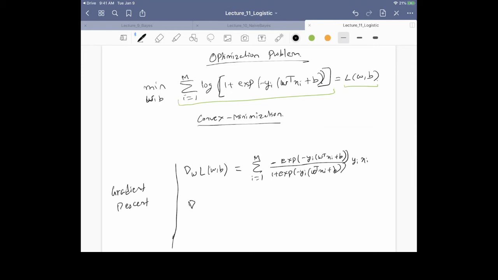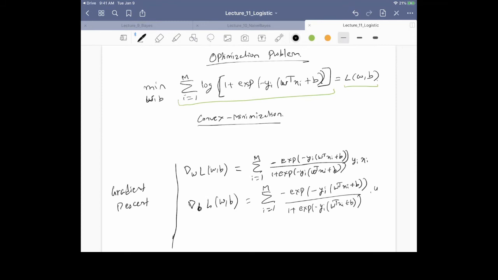Similarly, you can compute the derivative with respect to b, the gradient of L of w comma b with respect to b. It is very similar, so I'll just write down the final expression: exp raised to minus yi multiplied by w transpose xi plus b, followed by 1 plus exp raised to minus yi multiplied by w transpose xi plus b.